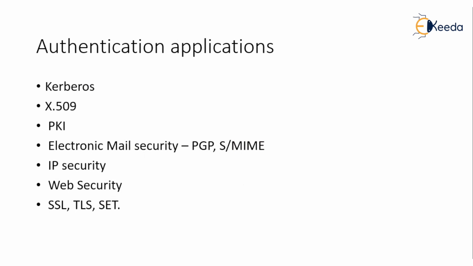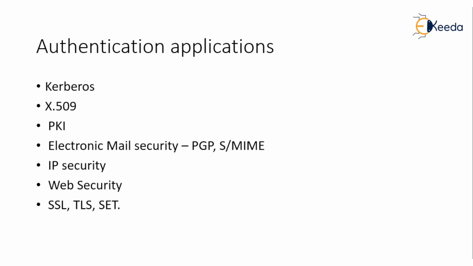These are some of the authentication applications where the different types of authentication are used. In Kerberos, mutual authentication is used. X.509 is a type of digital signature, where digital signature authentication is used. PKI, the public key infrastructure, is another authentication application.